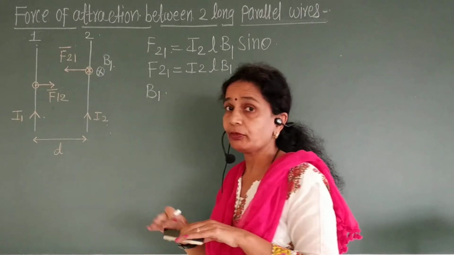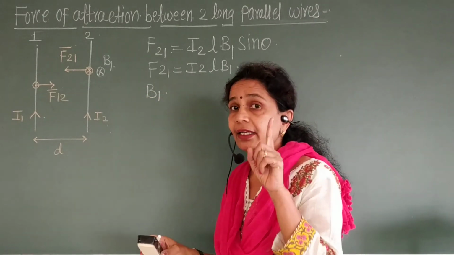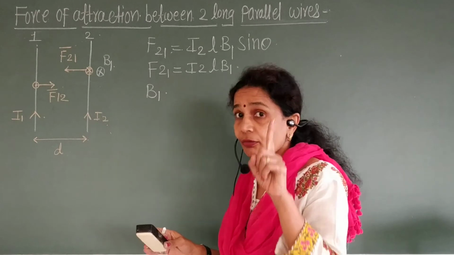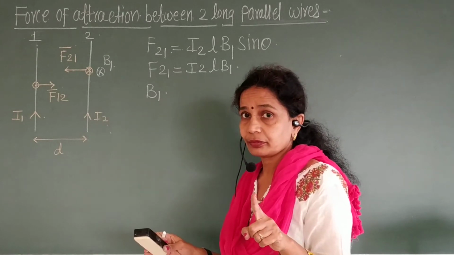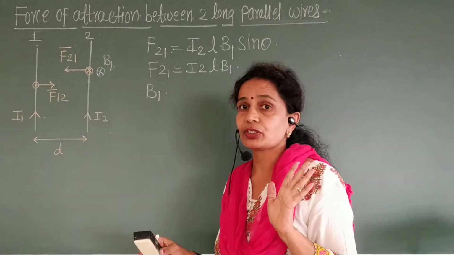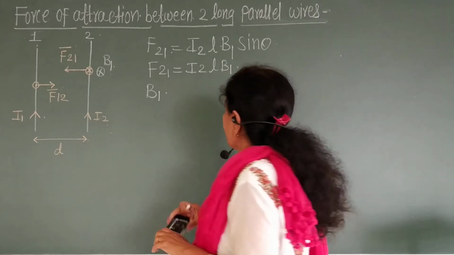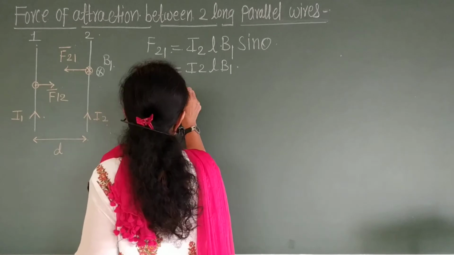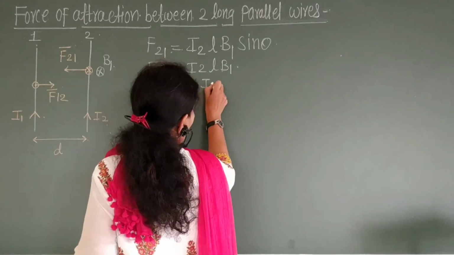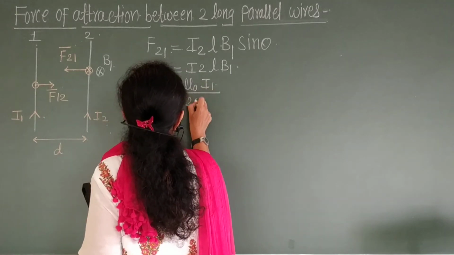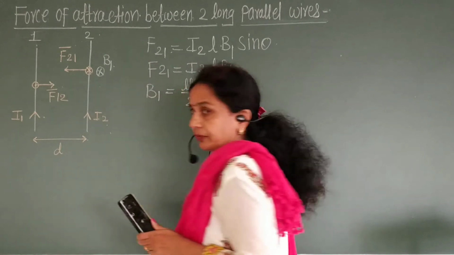What is the value of B1? B1 means magnetic induction of the first wire. This we have already found out in the first application of the Biot-Savart law. B1 is equal to mu0 I1 upon 2 pi d.